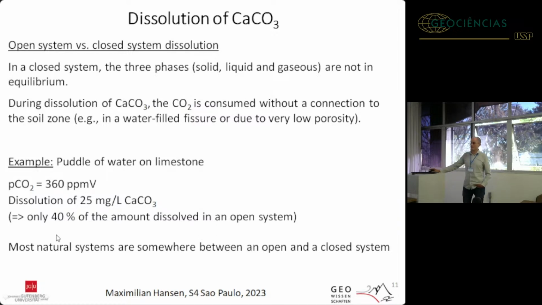So it's much lower. But as always, in a natural system, most systems are likely to be between an open and closed system, or depending on the season, it can be open and closed. It just depends on the coverage of the host rock, right?